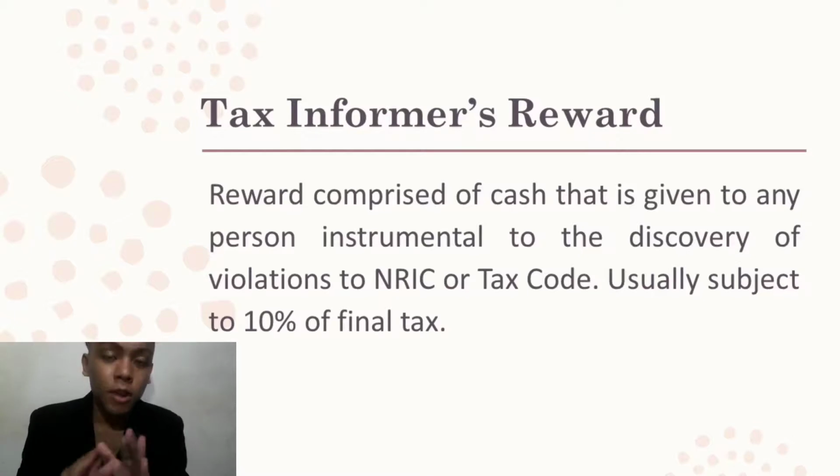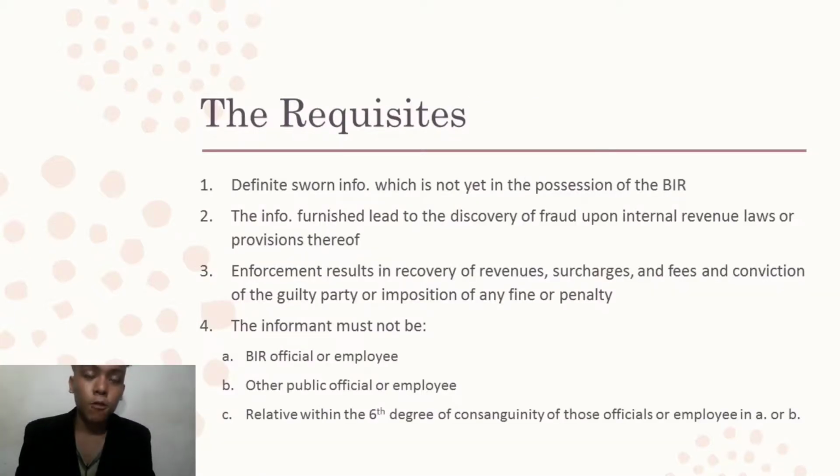Now let's proceed to the requisites of the tax informer's reward. First, the definite sworn information which is not yet in the possession of the BIR. Second, the information furnished leads to the discovery of fraud upon internal revenue laws or provisions thereof.